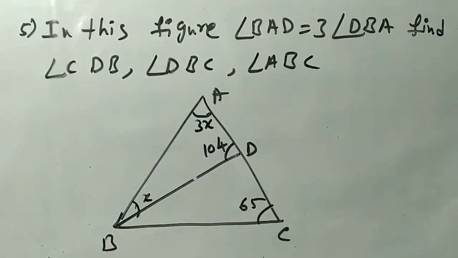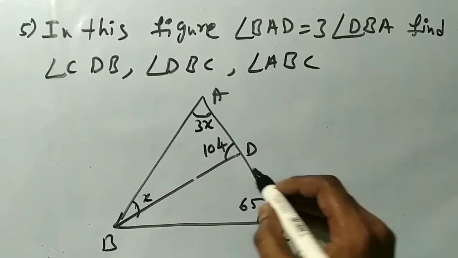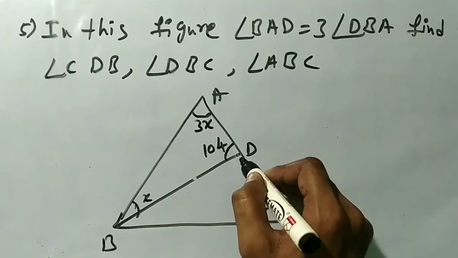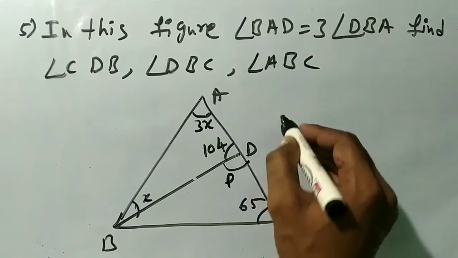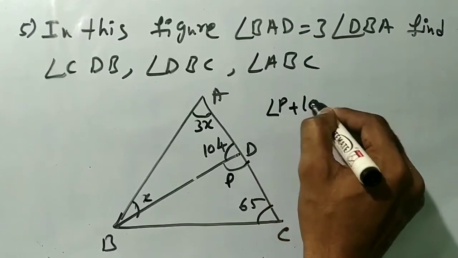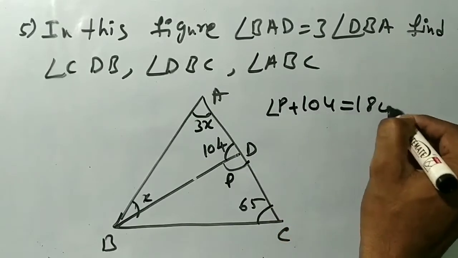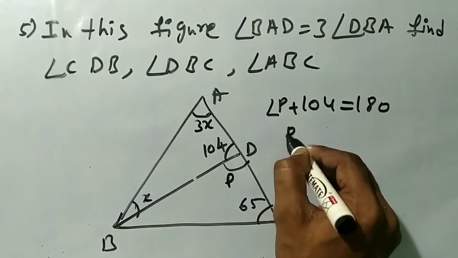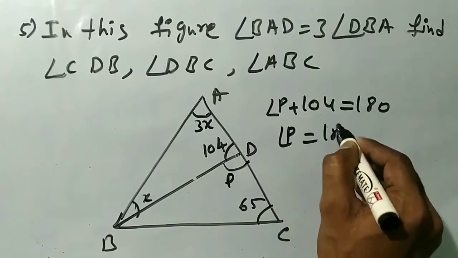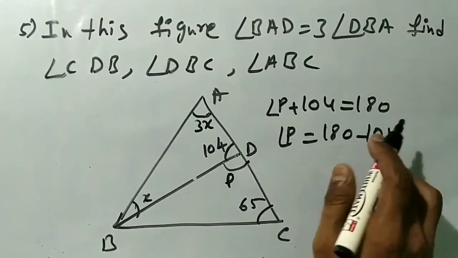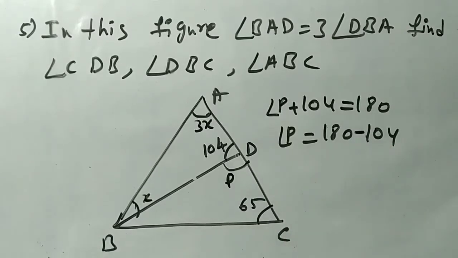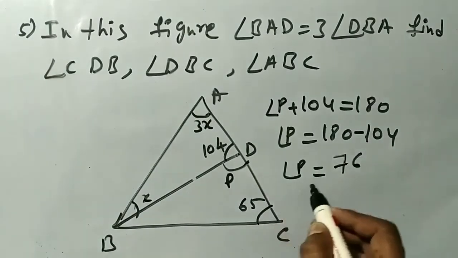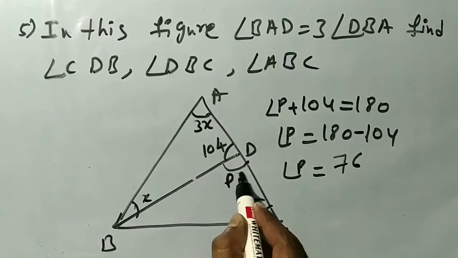We have to start from here because a straight line forms 180. So let us consider this one P, that is angle P plus 104 is equal to 180. Then angle P is equal to 180 minus 104. So subtract this one, angle P is equal to 76.